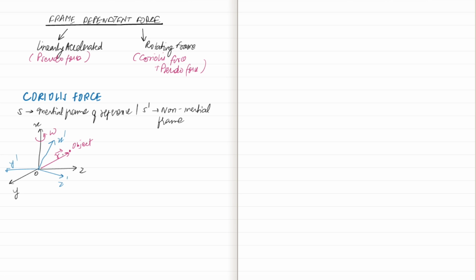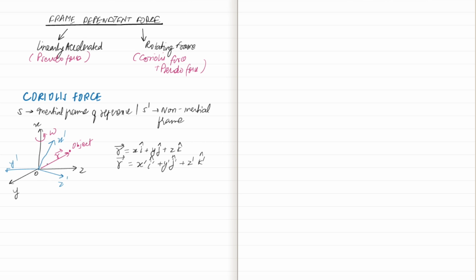This vector can be expressed in both the frames of reference: r vector can be written as x i cap plus y j cap plus z k cap, or r vector can also be written as x dash i dash cap plus y dash j dash cap plus z dash k dash cap. So this same object, since the origin was same, can be written in both these forms.